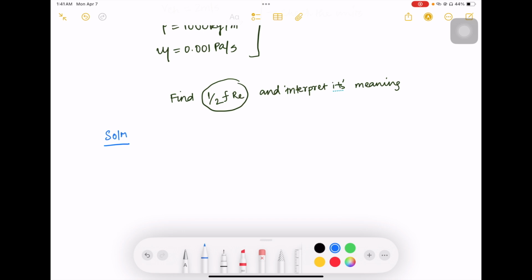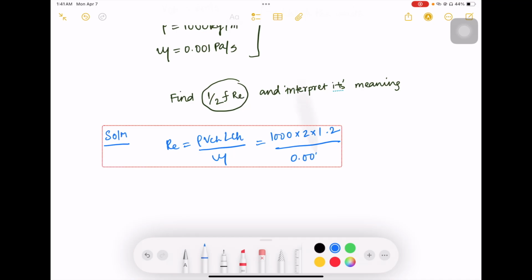We have RE as rho VCH LCH upon mu. That is equal to 1000 into 2 into 1.2 divided by 0.001. That is equal to 2.4 into 10 to the power 6.